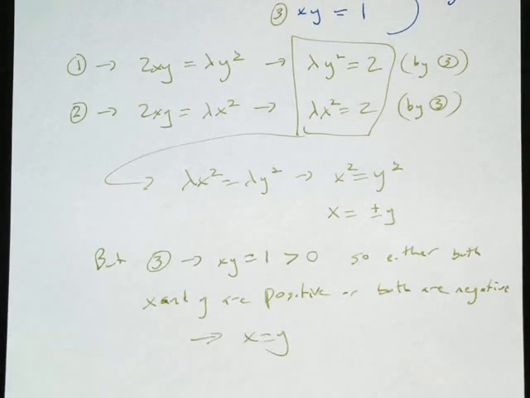That means that x is actually equal to y. Which means you can solve for x and y now. With equation 3, because equation 3 says x times y equals 1. And x and y are equal.